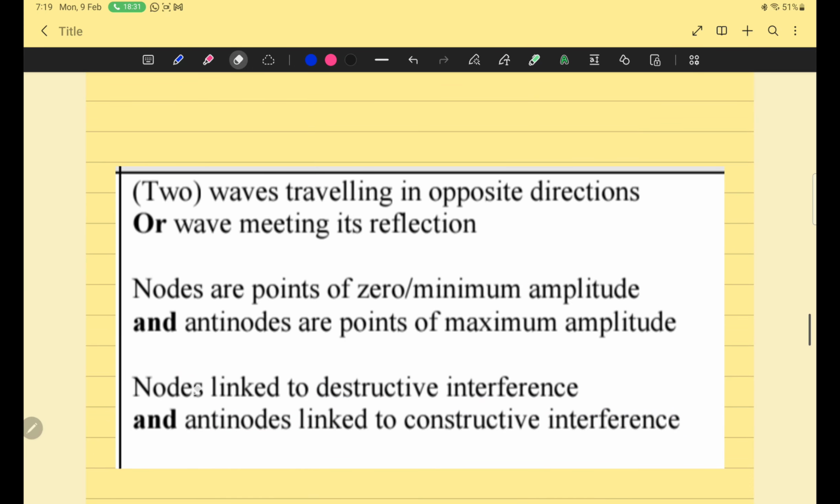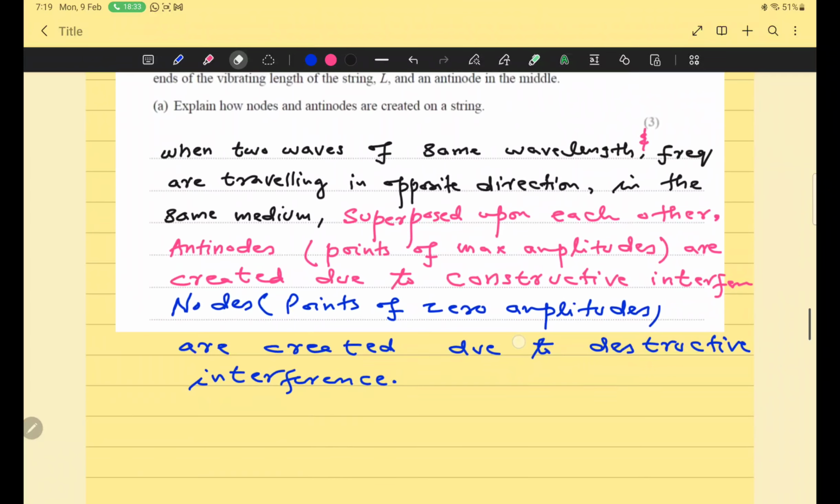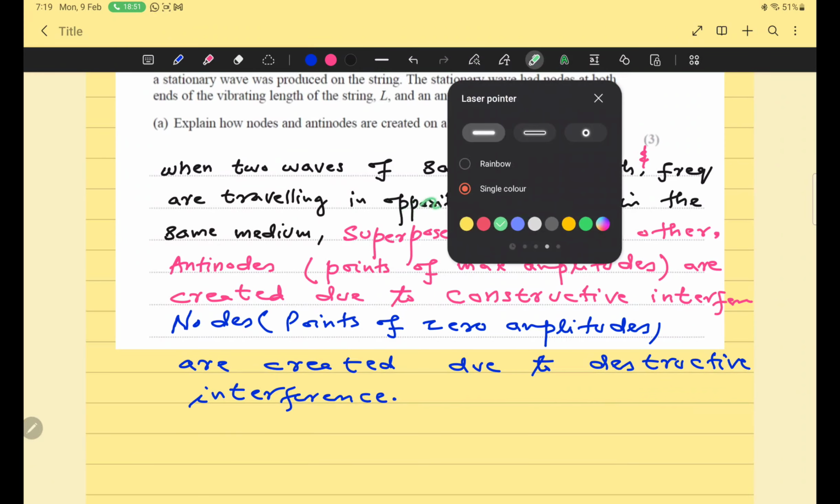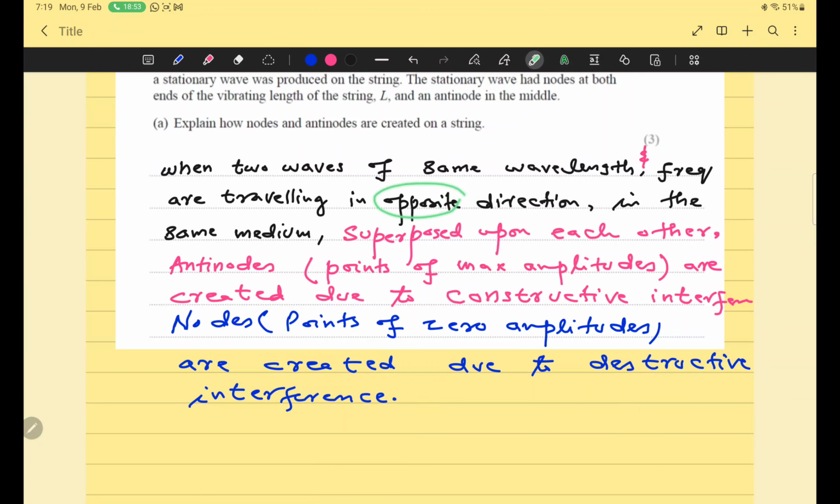Okay. So Manahil, finally I am repeating and I hope you can answer me. The question is how standing waves are produced, how nodes and antinodes are created. The answer is, sir, when two waves of same wavelength and same frequency are traveling in opposite direction in the same medium.